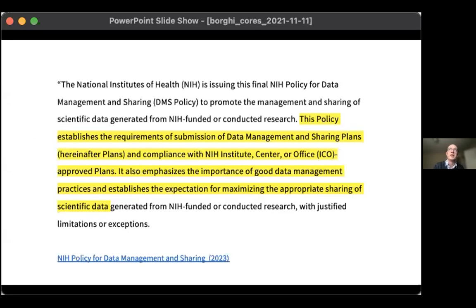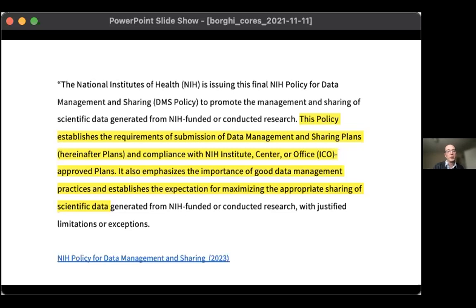A kind of extension of this, or at least something in a similar spirit, is an upcoming policy where research data is going to be expected to be shared as openly as possible. This is language from the new policy that goes into effect in 2023, emphasizing the importance of good data management practices and establishing an expectation for maximizing the appropriate sharing of scientific data.